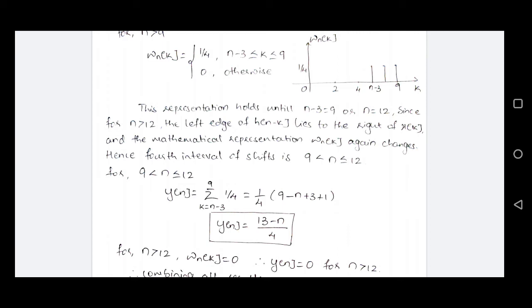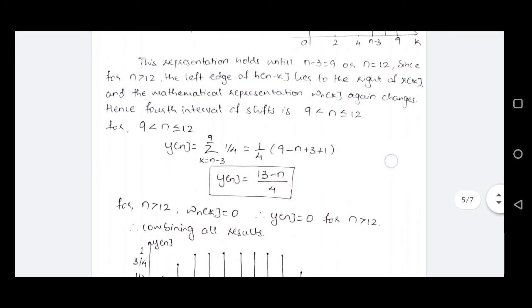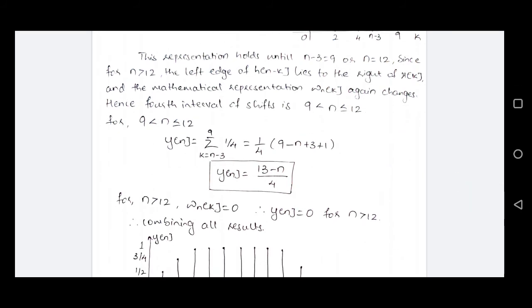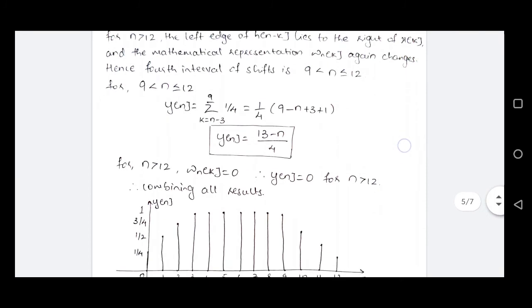If we simplify, the output y of n will be equal to 13 minus n divided by 4. For n greater than 12, the leftmost sample in the impulse response will have come out of the overlap. So again the intermediate signal will be 0. Because the intermediate signal is 0, the output will also be 0 for n greater than 12.